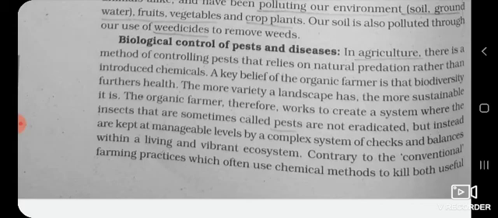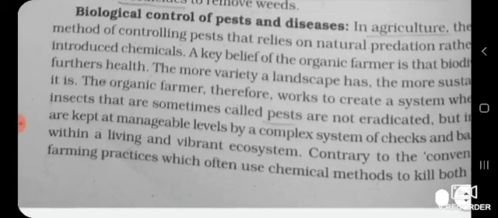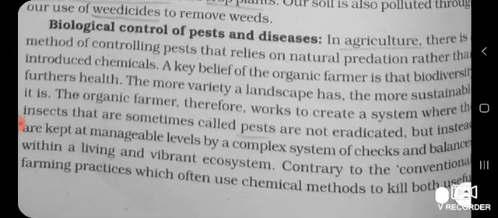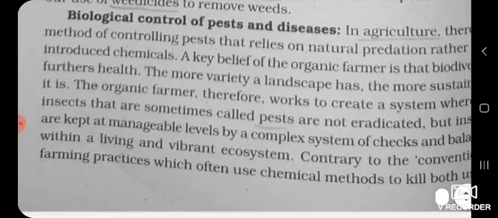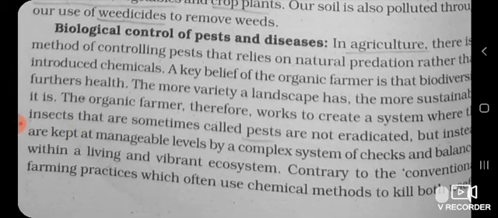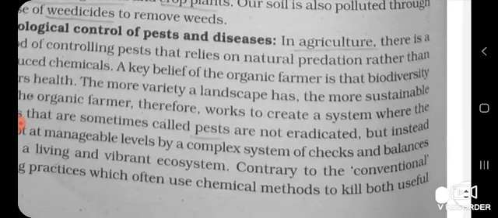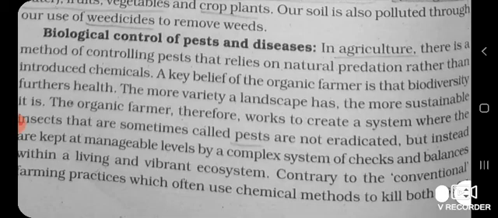The next point is biological control of pests and diseases. So now we'll see how we can use the live organism for control of the pest and various types of diseases on the plants. In agriculture, there is a method of controlling pest that relies on natural predation rather than introducing chemicals.